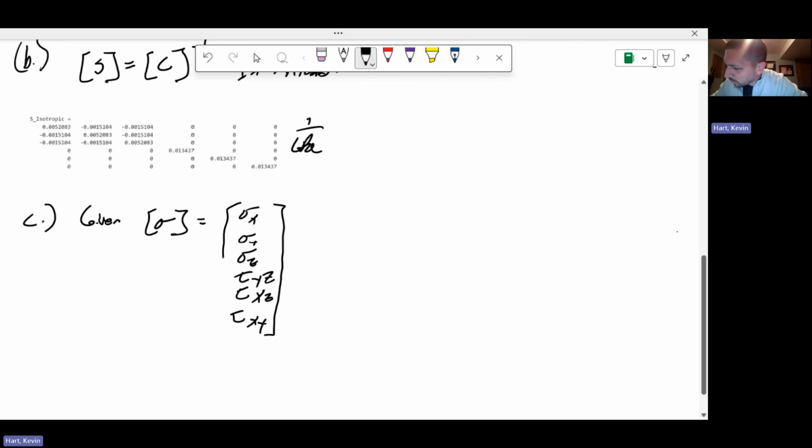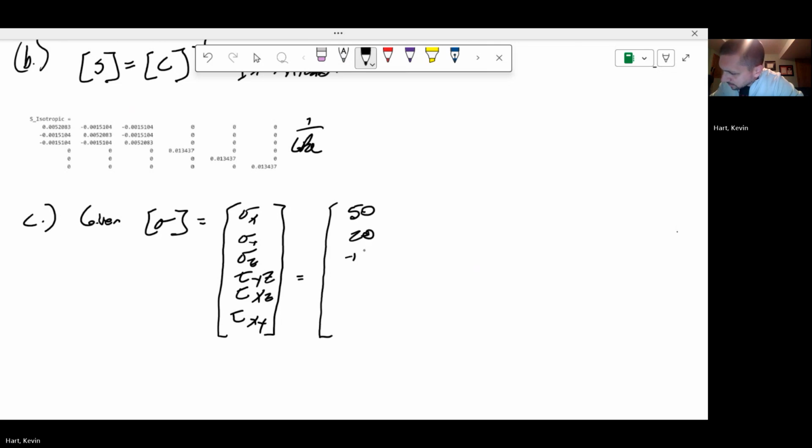We're given what this is in the problem. If you go back up and read the problem statement, this is 50, 20, negative 15. And then for your shear stresses, we have 20, 40, 50. This is in megapascals. This is given in the problem.